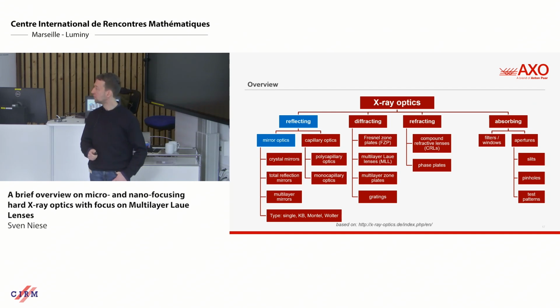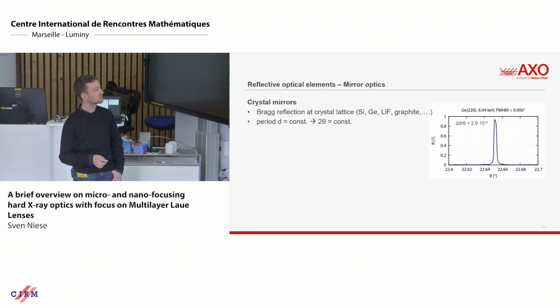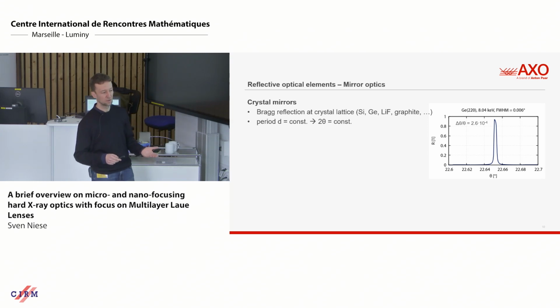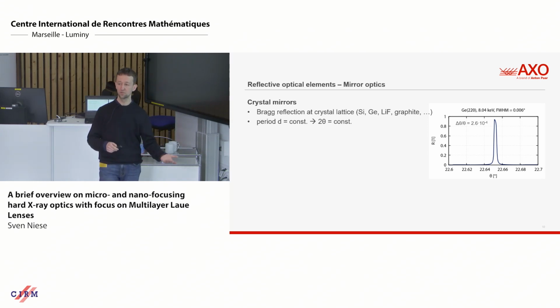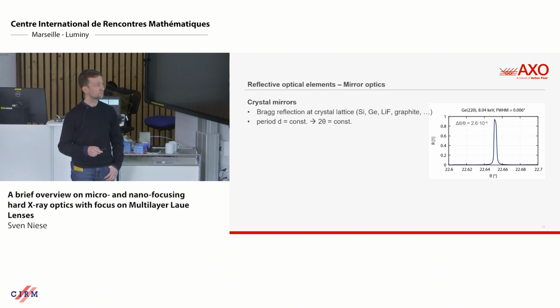Now the mirror optics. The crystal mirrors also work with Bragg reflection. So you may have silicon, germanium, lithium fluoride, graphite, or whatever. You get very narrow Bragg peaks because in crystals you have a lot of lattice planes that contribute to the diffraction, more than thousands.